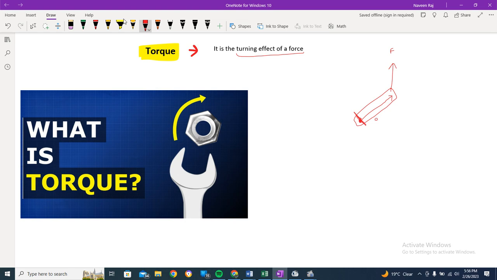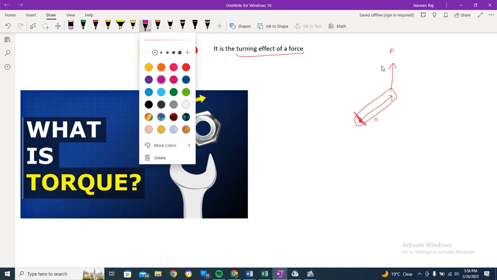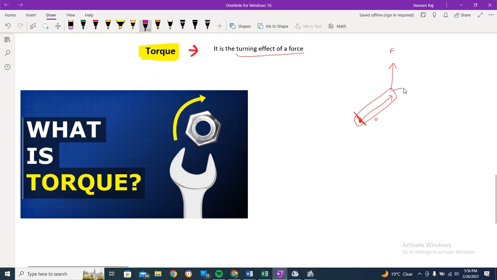Instead, there would be a resolution of the vector taking place, and that resolution would be: here would be Fx, and here would be Fy. Of course, the object would not move in the vertical direction toward Fy.